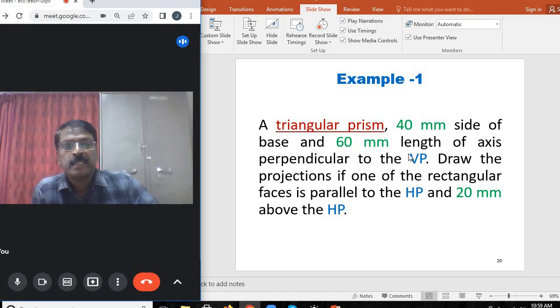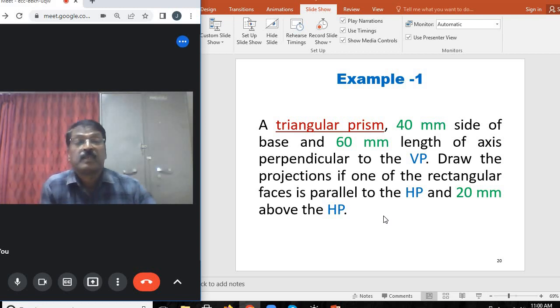The condition given is the axis perpendicular to the VP. Draw the projections if one of the rectangular faces is parallel to the HP and 20 mm above the HP. If you don't understand the problem clearly, it will be very tough to draw the projections. So first we have to understand what the object is. The object is a triangular prism.